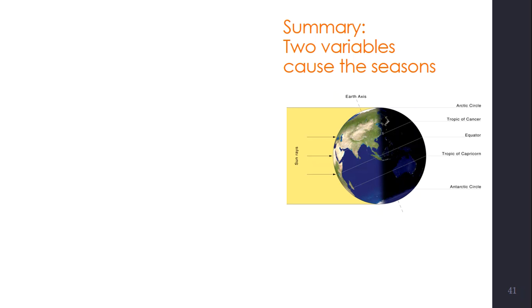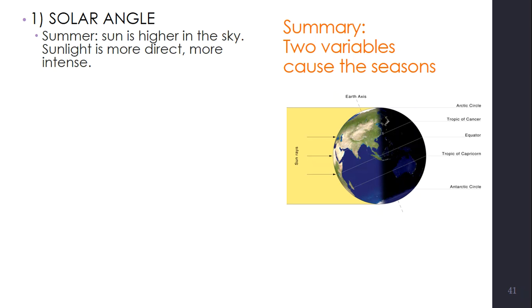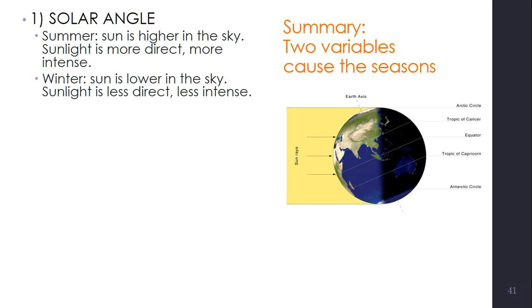So in summary, two variables cause the seasons. One is that shifting solar angle. During the summer, the sun is higher in the sky, and sunlight is more direct and more intense. During winter, the sun is lower in the sky, and sunlight is less direct and less intense. And that tilt also affects the day length.